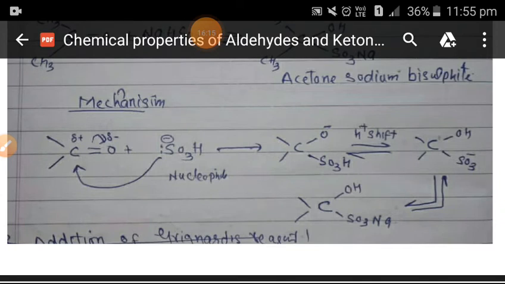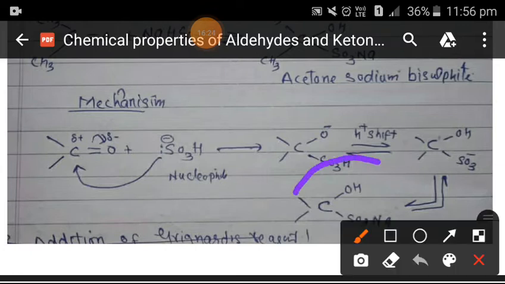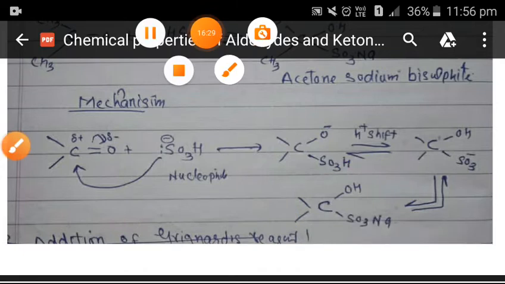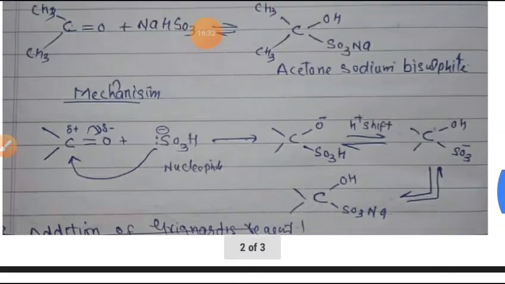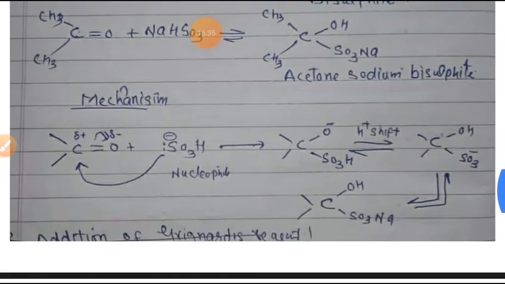So the SO3 negative ion will abstract one of the sodium atoms from the reaction mixture, as a result of which the product will be formed like this.